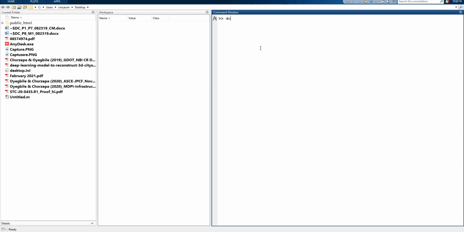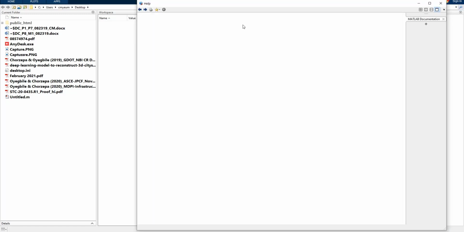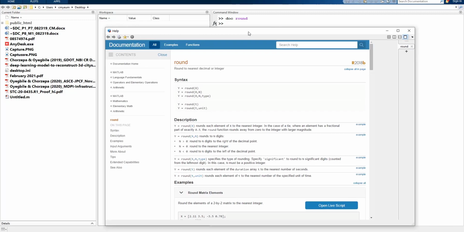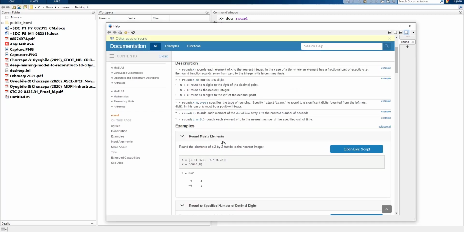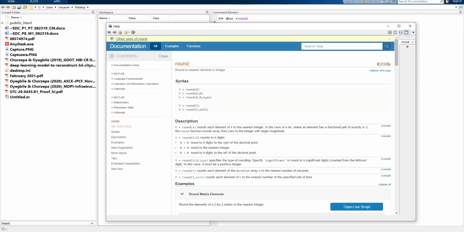If you want to see how to use the round function, type doc round in the command window. You will see the syntax and description, and you can see examples as well.